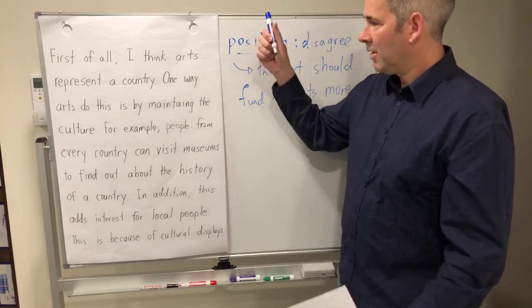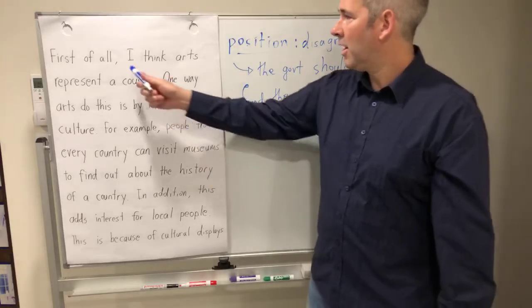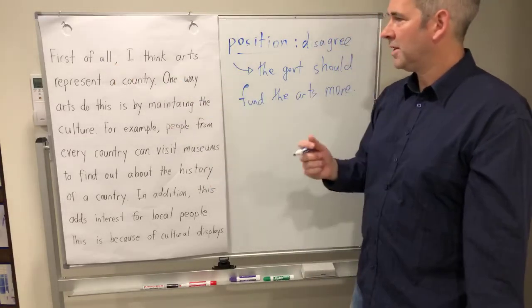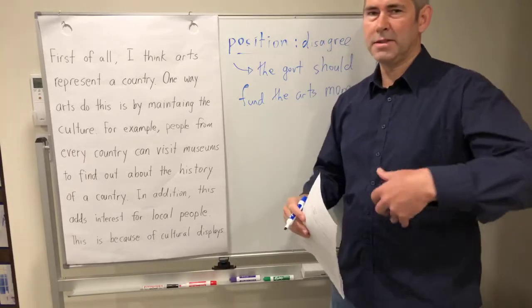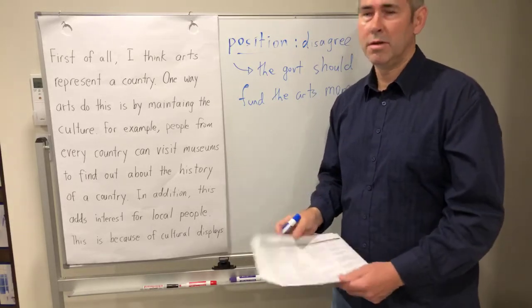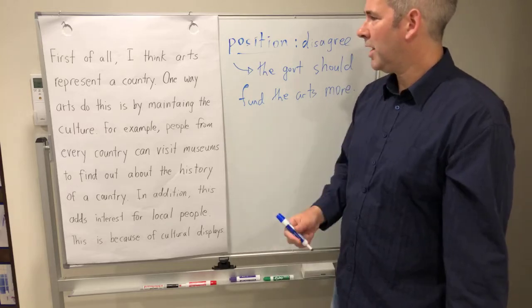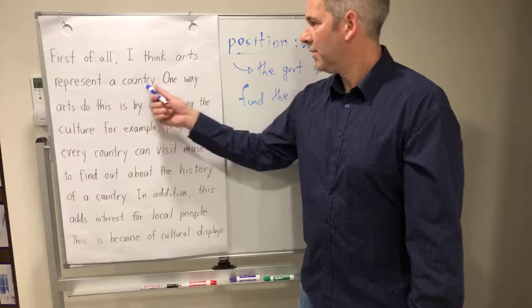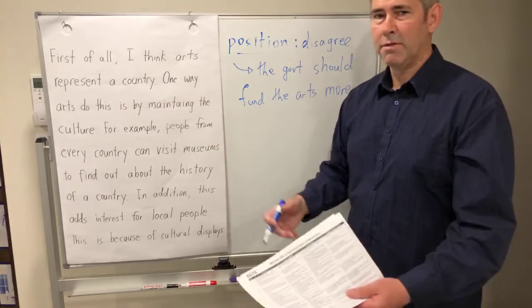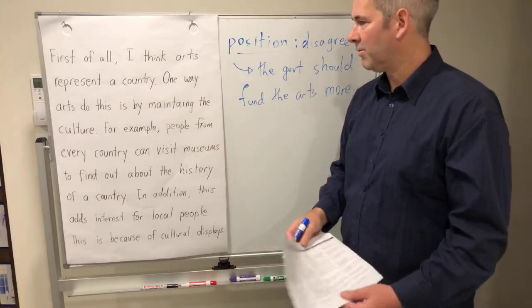So, we can see here, first of all, I think arts represent a country. So, I think what the student's trying to say is that arts are a symbol of the country. One way arts do this is by maintaining culture.